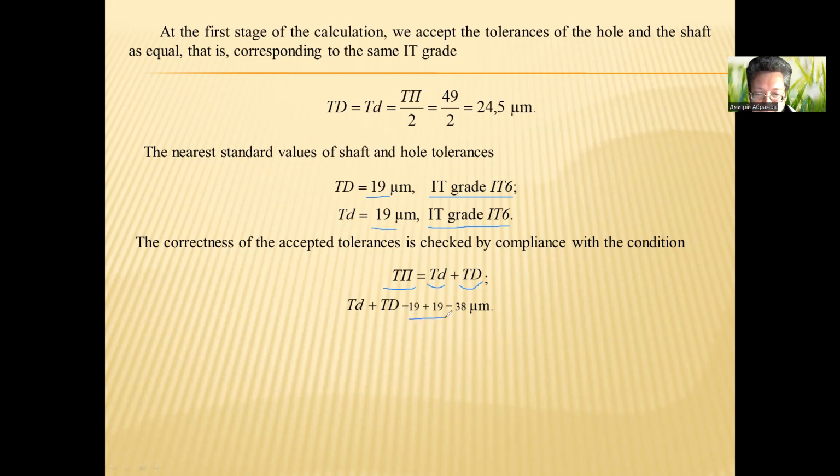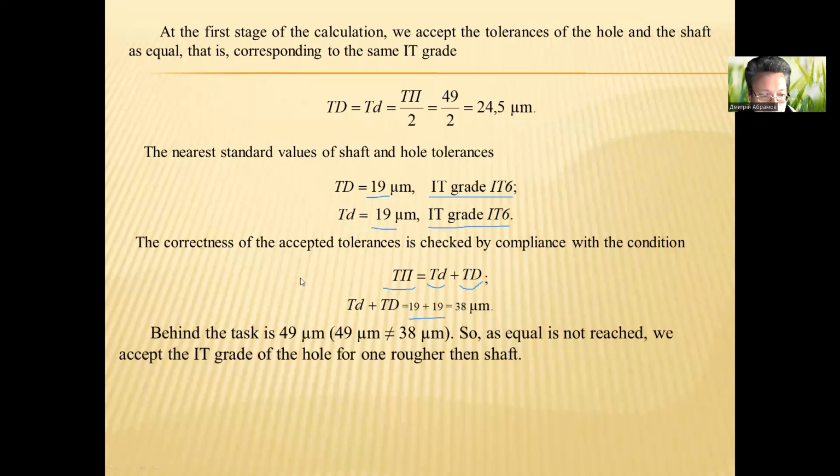So 19 plus 19, we have 38 micrometers. The task gives 49 micrometers, and 49 micrometers is not equal to 38 micrometers. So, as equality is not reached, we accept the IT grade of the hole one lower than the shaft.